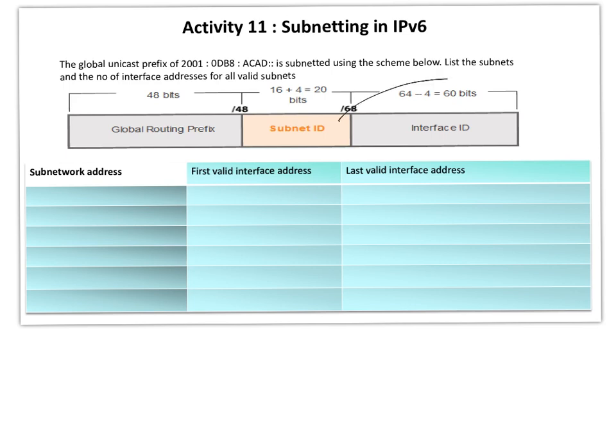Which means in general that if the interface ID has n bits, how many usable interface addresses can I have? 2 to the power n minus 1, not minus 2. Okay? Because there is no broadcast.